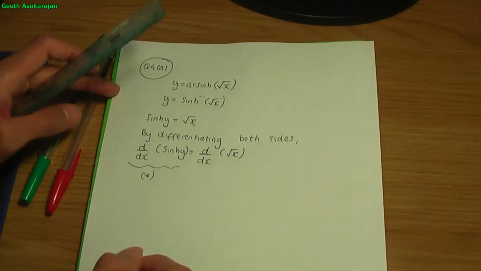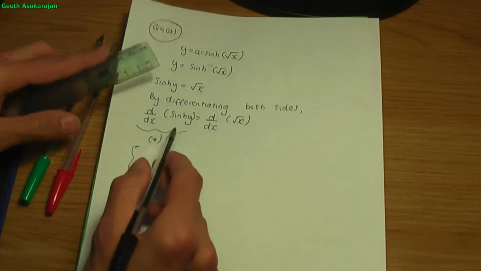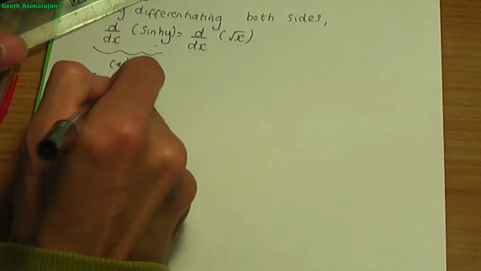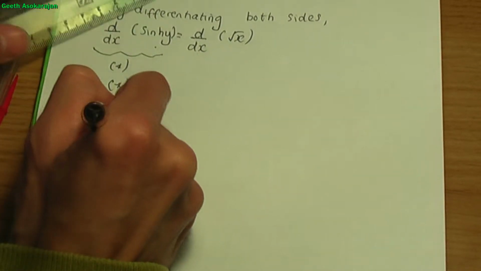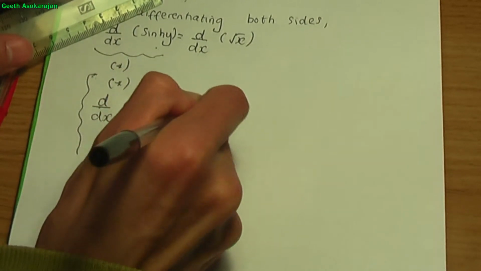Let's call that star. And let's differentiate hyperbolic sine y as a side calculation, so let's work out d by dx of hyperbolic sine y.